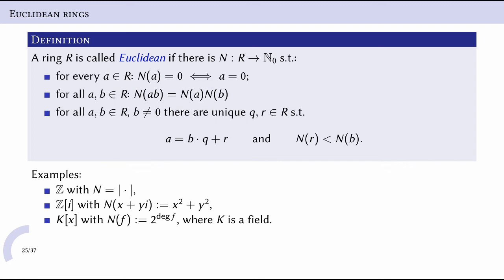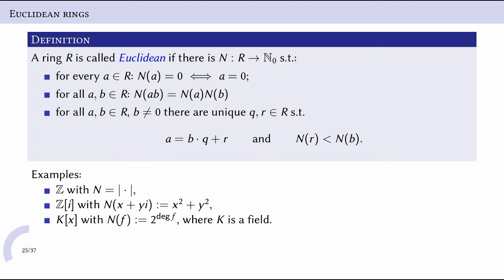Namely, if we have two elements a and b, and q and r are respectively the quotient and remainder, then this function n on this remainder is strictly less than n on b. This function is usually called a norm, the norm of a Euclidean ring, or Euclidean norm.